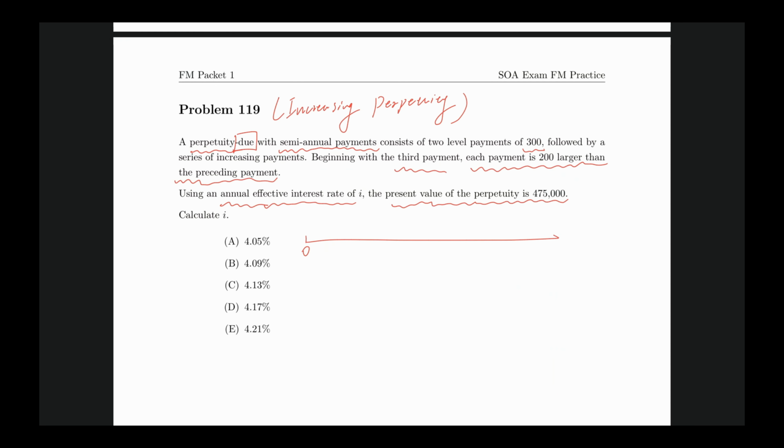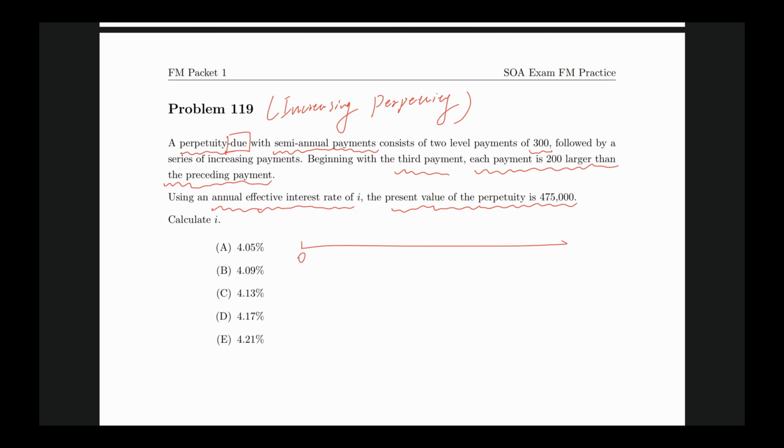Okay, so on time zero, let's assume the units are years, I'm going to get the 300 immediately. After half a year, I'm going to get another 300. After another half a year, I'm going to get 200 more than the previous one, so I'll get 500. Half a year later, I'll get 700.